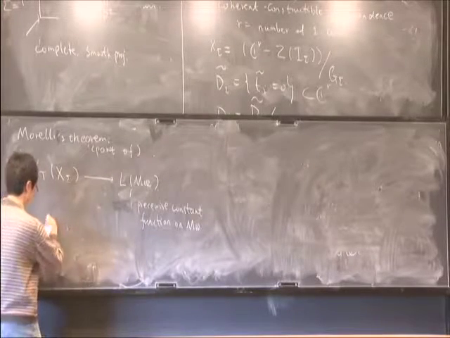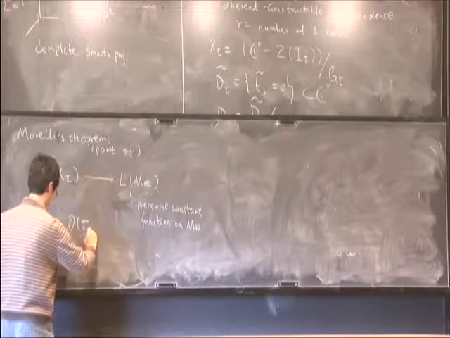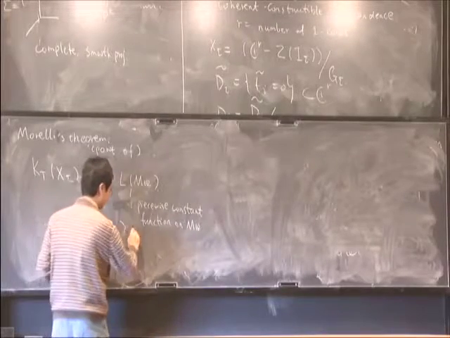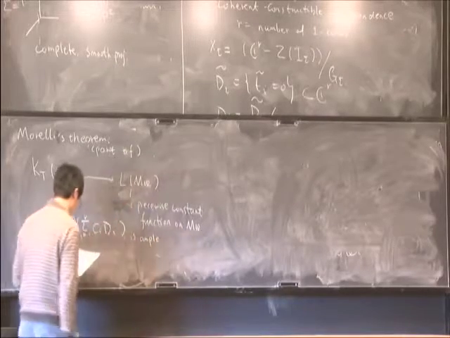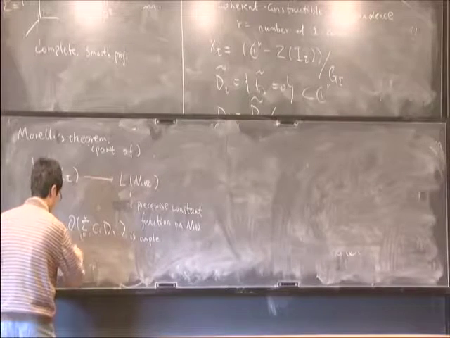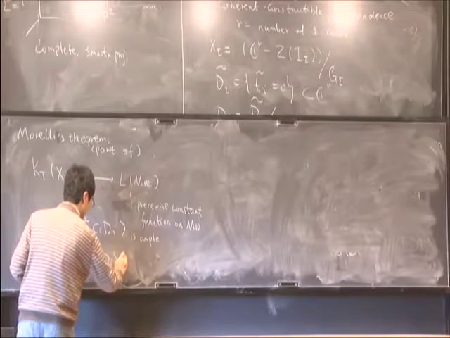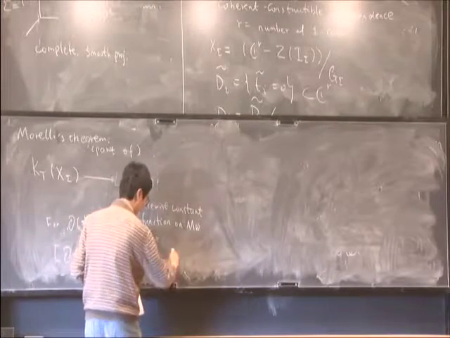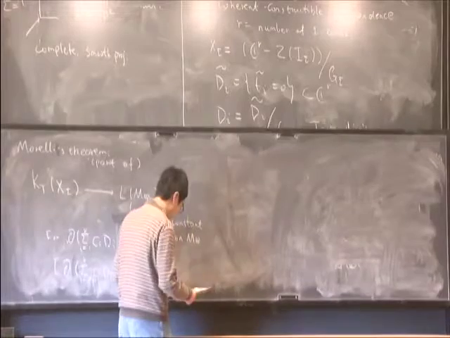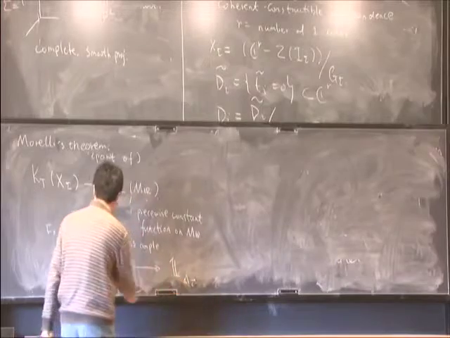So, for example, if this line bundle is ample, the K group class of this line bundle gets sent to an indicator function on the polytope, which is the moment polytope of this line bundle.